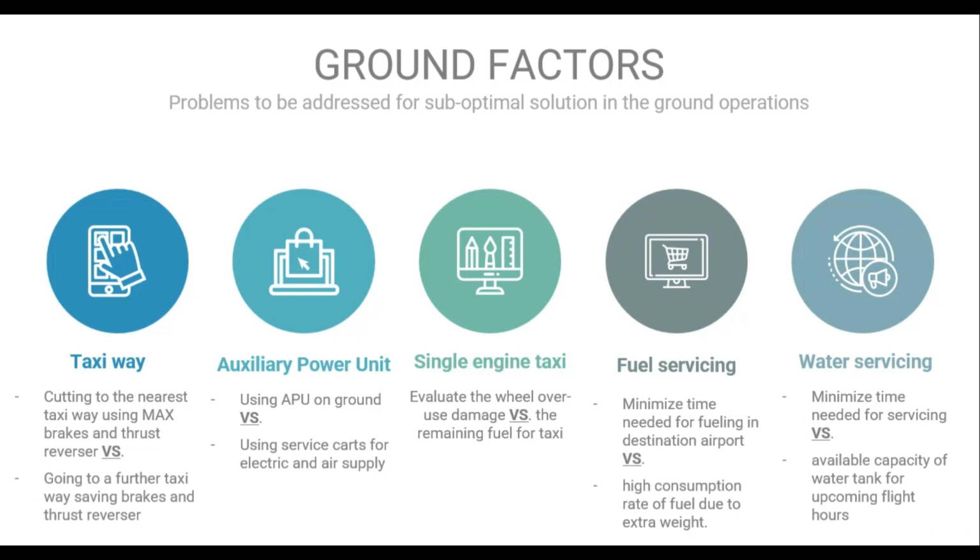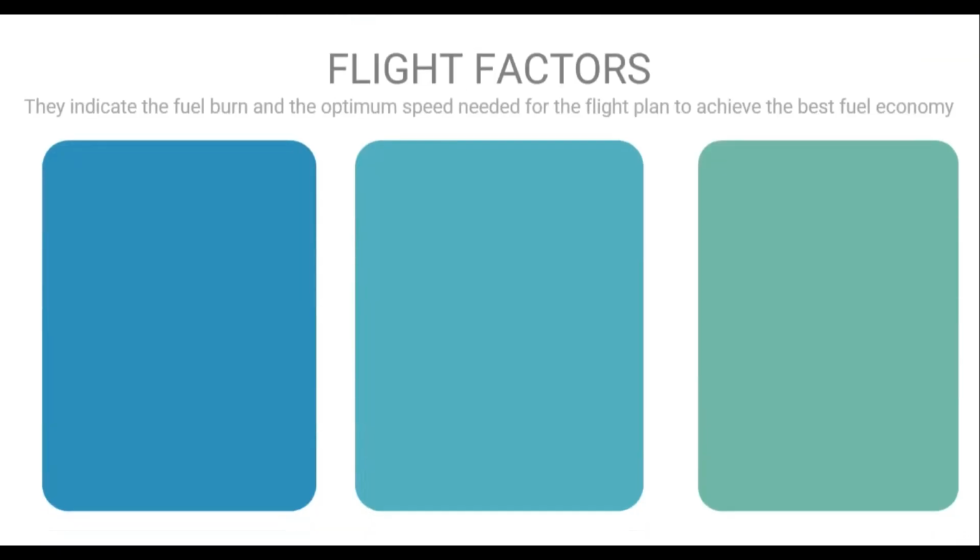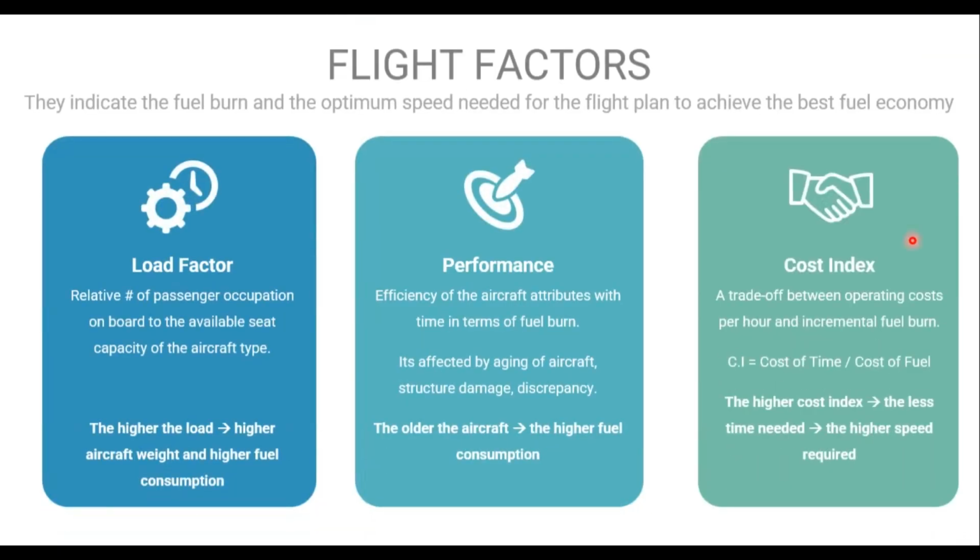Okay, so moving to the flight factors, we will find that we have other flight factors. Again, the people for flight operations, the dispatchers, the people working in the network planning, the pilots, they always consider, for example, the load factor. The load factor is the amount of passengers or seats occupied by the passengers in relationship to the available seats offered by the airline.